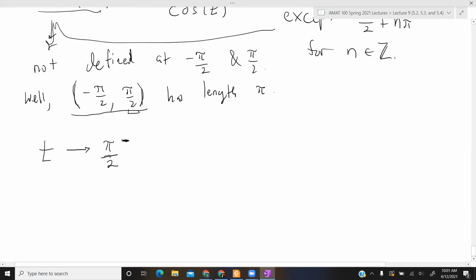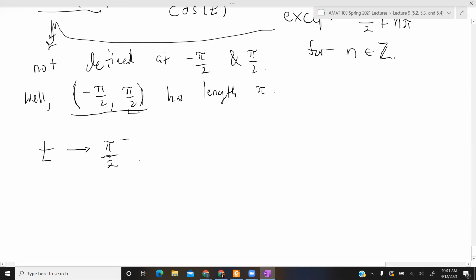So we use this superscript notation, this negative, to mean to the left of. When t is approaching pi over 2 from the left, because we only care about values of t to the left of pi over 2. We don't care about values of t to the right of pi over 2.